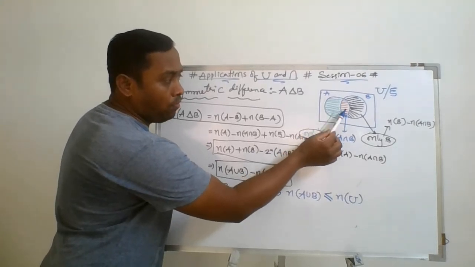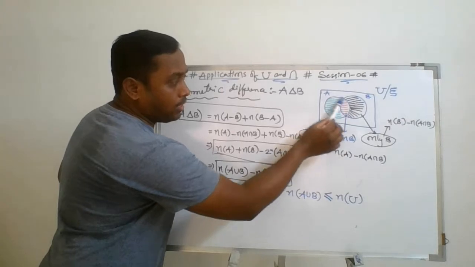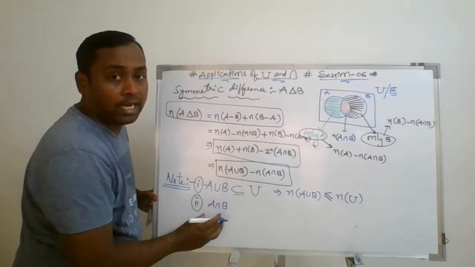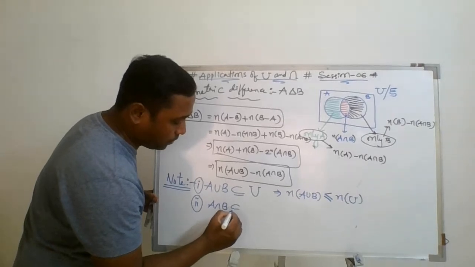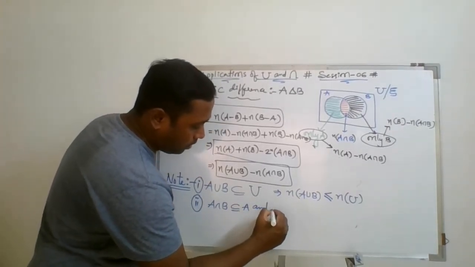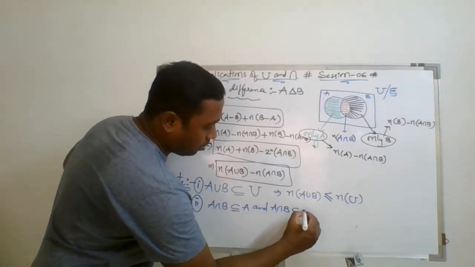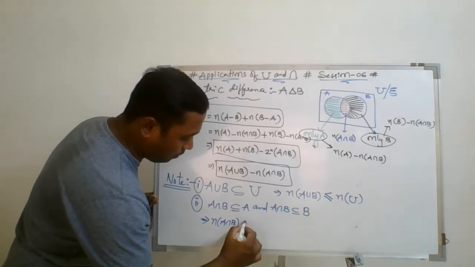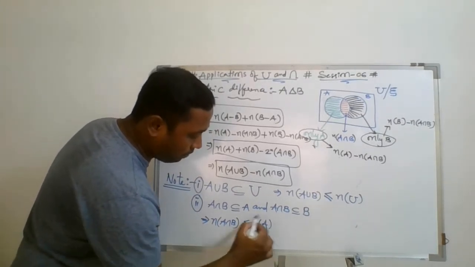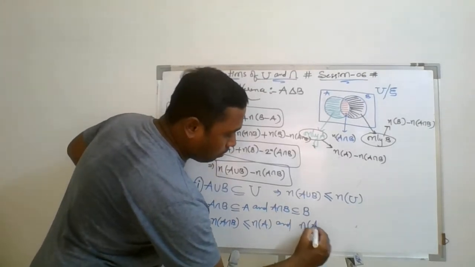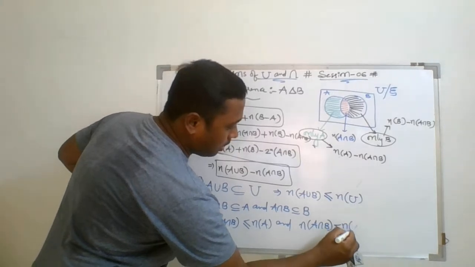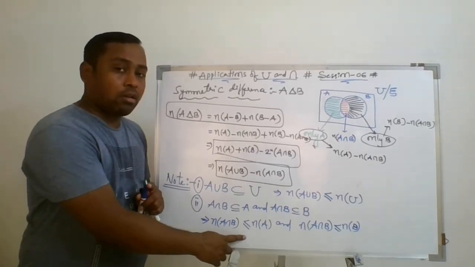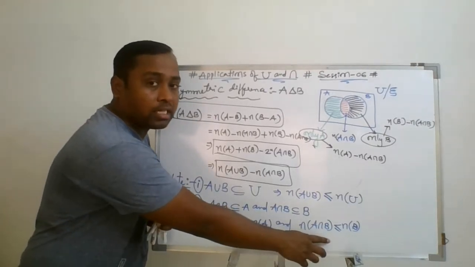Hence, the red portion is always a subset of set A as well as set B. So I am speaking here A intersection B, the common portion, is always a subset of or equal to set A, and the same portion is also a subset of or equal to B. Which implies that the number of A intersection B will always be less than or equal to the number of A, and the same quantity is also less than or equal to the number of B.